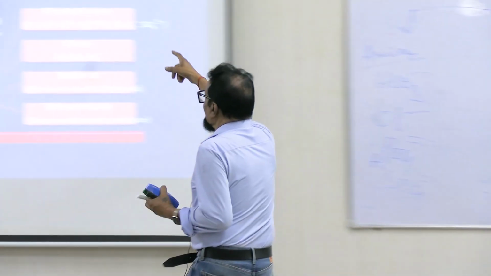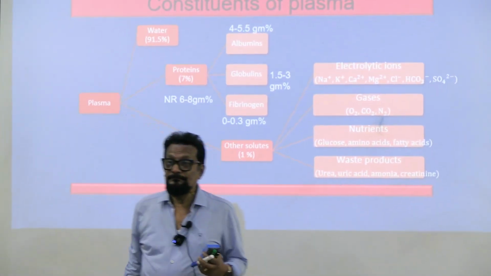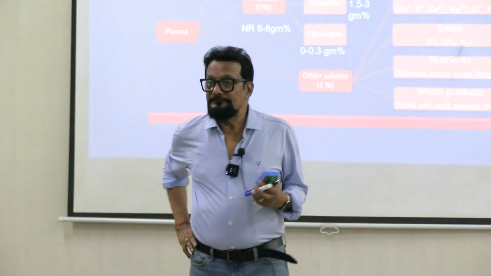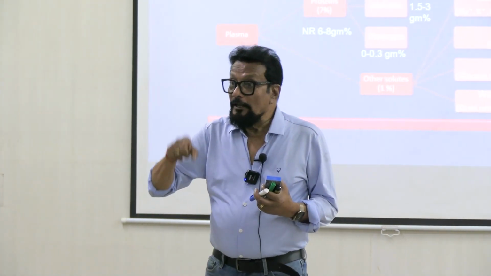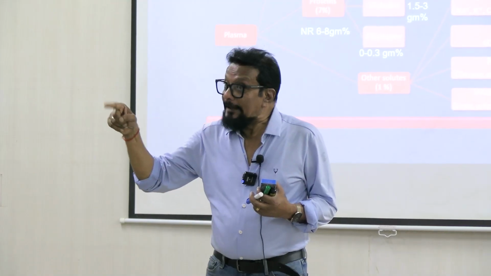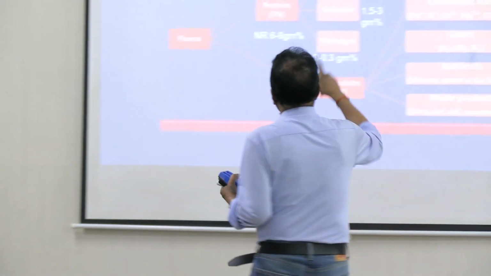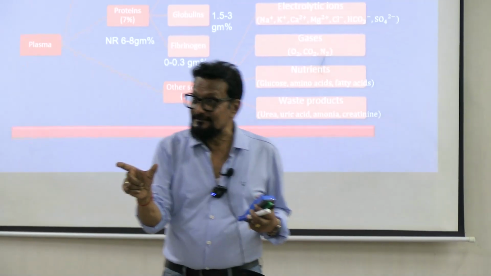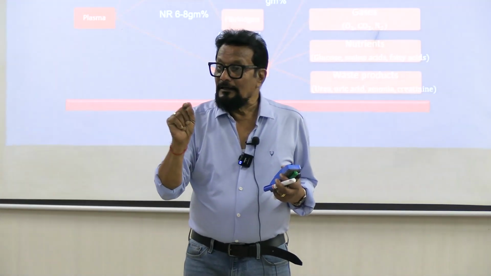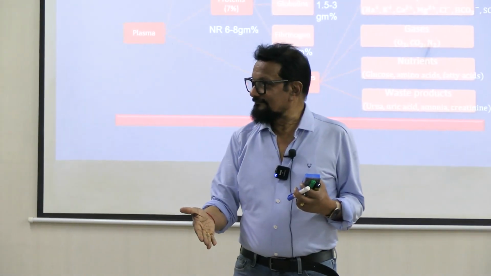Suppose albumin came below 4, suppose it is 3 gram %. What will you call this condition? Hypoalbuminemia. Or if it is more than 5.5, hyperalbuminemia, because we will be asking questions. In hypoalbuminemia, what happens?